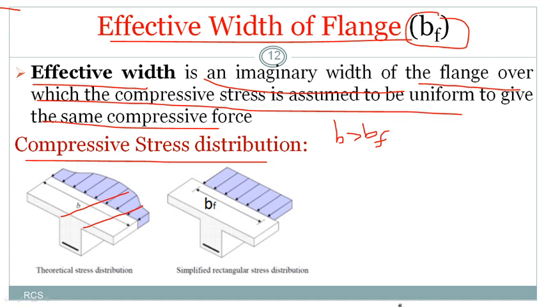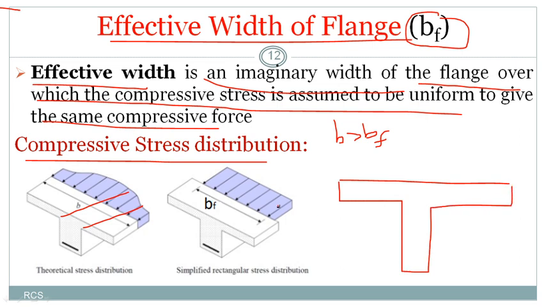Why is it lesser? For that I will give an example here. So let us consider a T-beam again. This is a T-beam, right? And if you apply a UDL over this or any kind of loading, the definition of effective width is how much width of a flange of a T-beam can effectively resist the load; that width will be considered as the effective width of the flange.